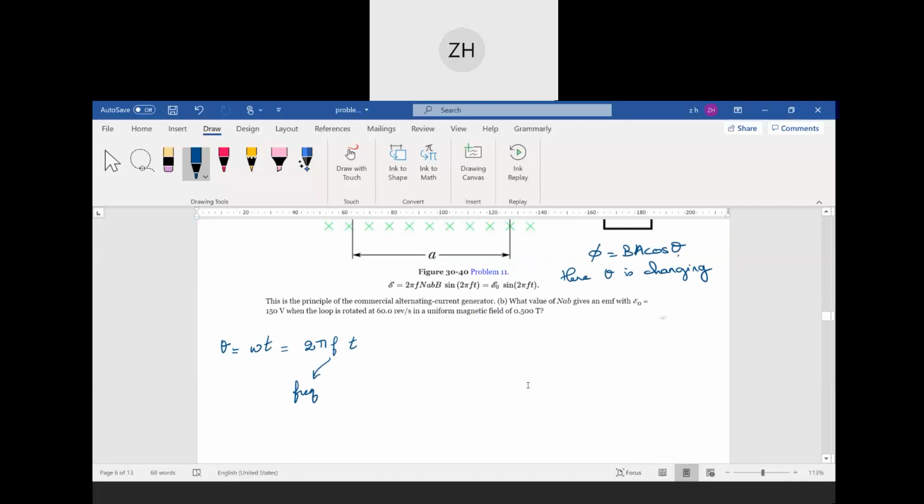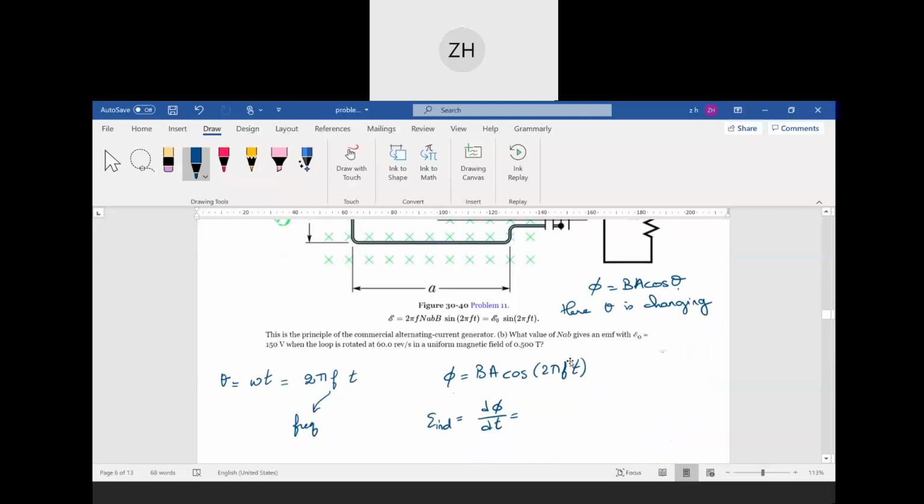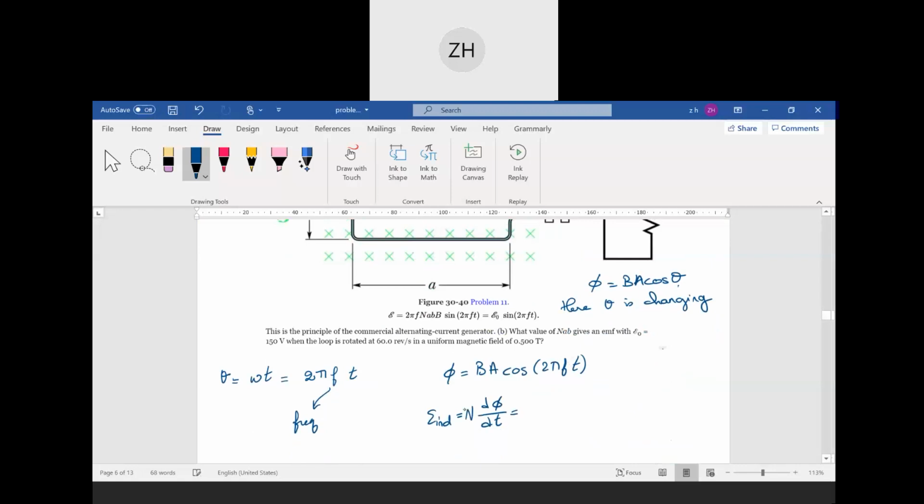And if we now write the expression of phi, this is going to be BA cosine 2 pi ft. We notice that phi depends on time, so in order to find the induced EMF, we need to derive phi with respect to t. Of course, now here we have n turns, so I need to include n in this expression.